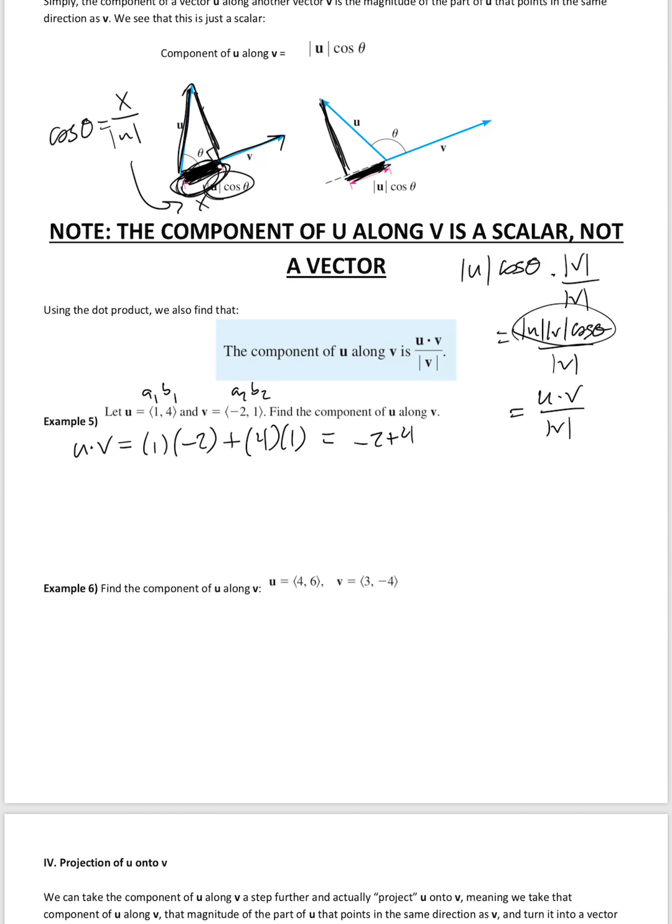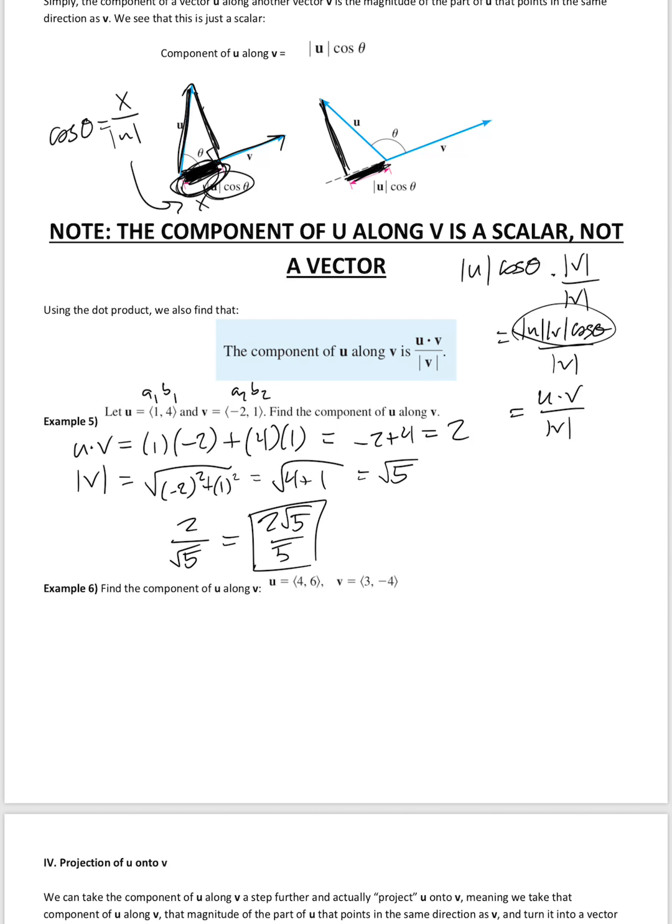Negative 2 plus 4, which is 2. And then the magnitude of v, that is going to be the square root of negative 2 squared plus 1 squared, square root of 4 plus 1, or the square root of 5. So the component of u along v is 2 over the square root of 5. Rationalize that denominator, and this is our answer.